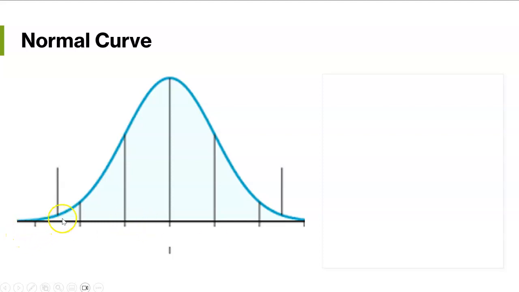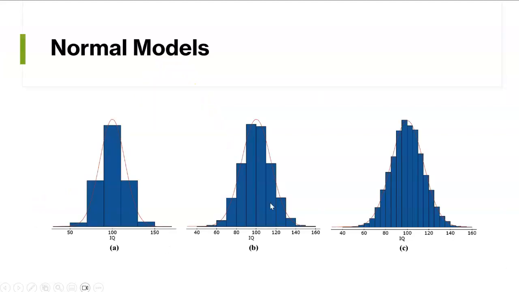The normal curve is a curve that looks like this, and we call it bell-shaped because it kind of looks like a bell if you look at it. It goes up, it reaches a peak, and then it comes back down, all right? This is our normal curve, and if we have a model in which the graph of that model follows that shape, then we call it a normal distribution.